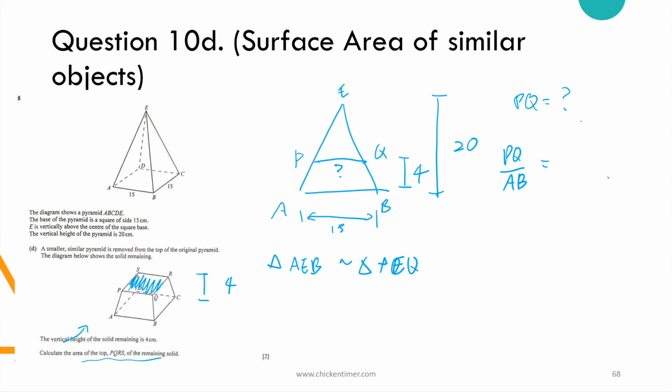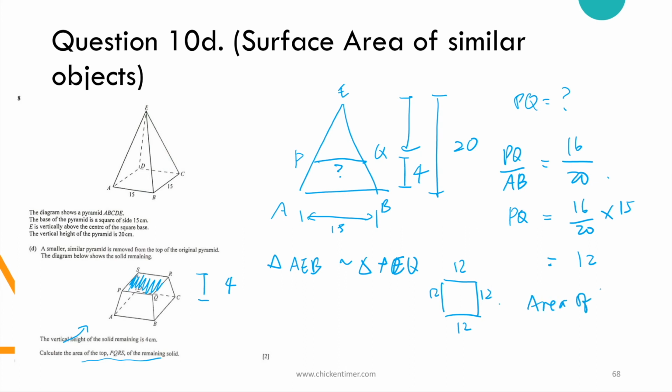So it's this triangle, 16 over 20. So PQ is 16 over 20 times AB, which is 15. So PQ is 12. So that face down there will be 12, 12, 12, 12. So area of PQRS will be 12 squared, equals 144 square centimeters.